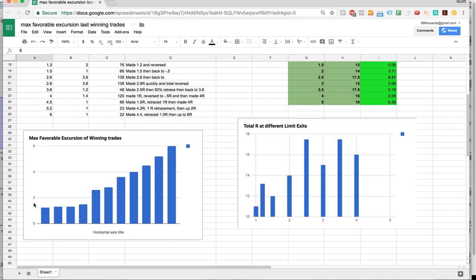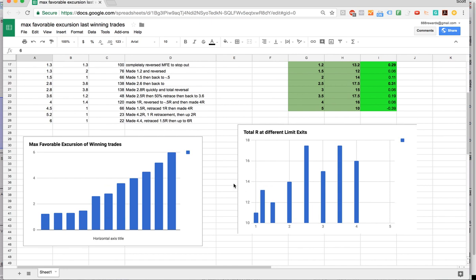And you can see here that if you took some profit at 1.5 R, you would catch all of those. If you took some profit at 1.5 R, you would be reducing how much you would get on the 6 R and the 5 R and so on. So one of the things that you should do then is work out if you need to be taking partial profit.